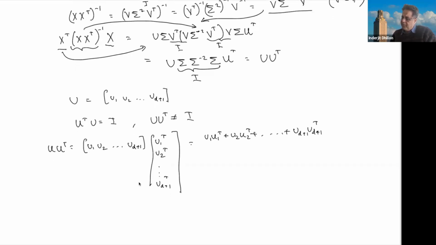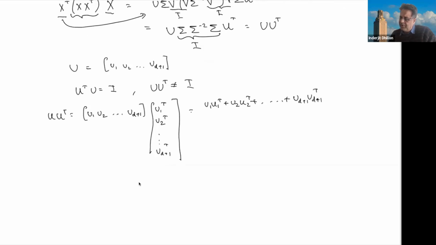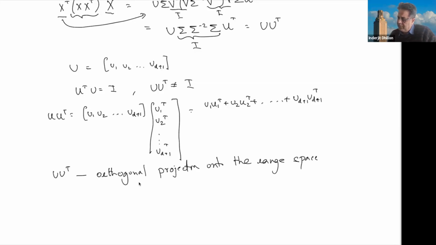And so you can look at this and realize that UU transpose is essentially the orthogonal projector onto the range space of X transpose. So that's all what linear regression is doing.